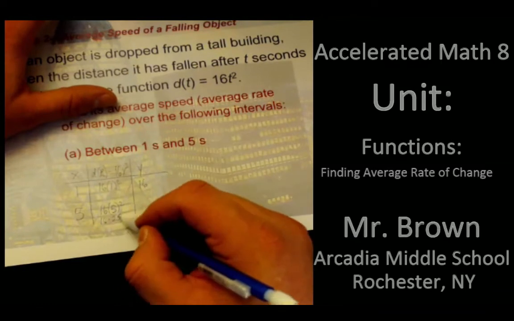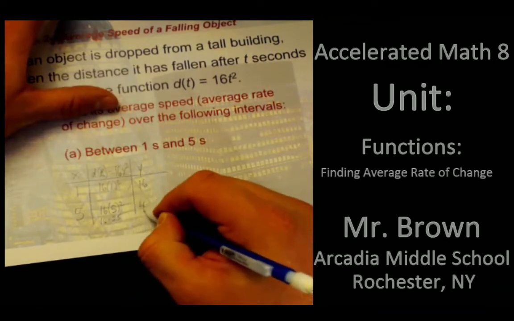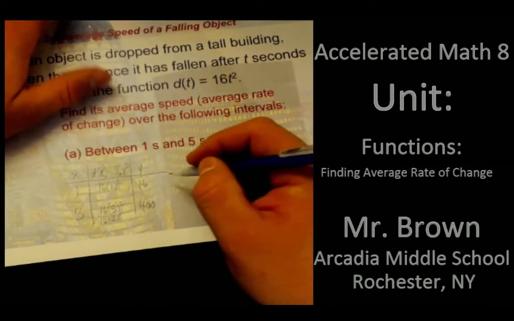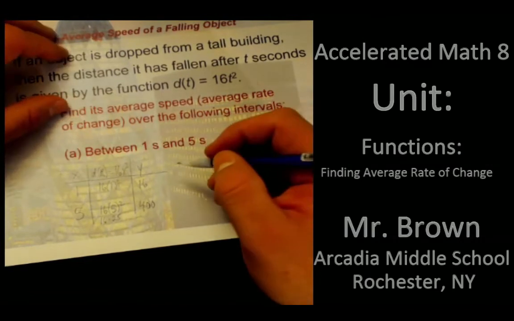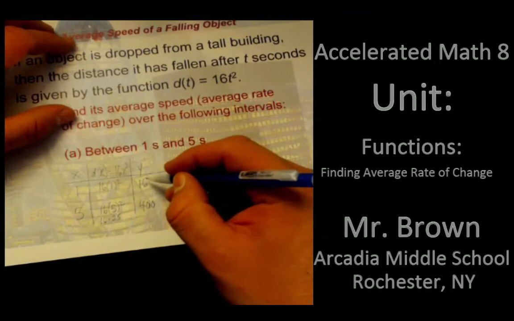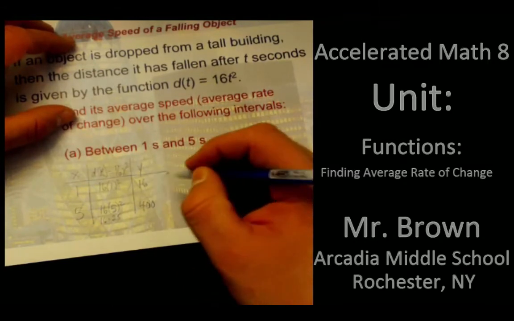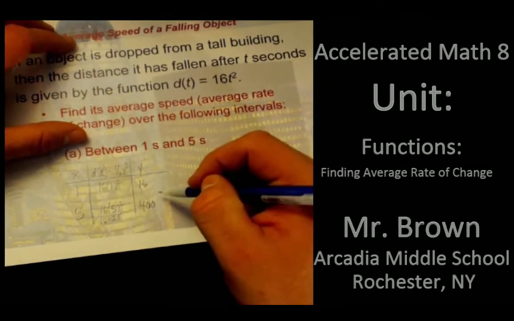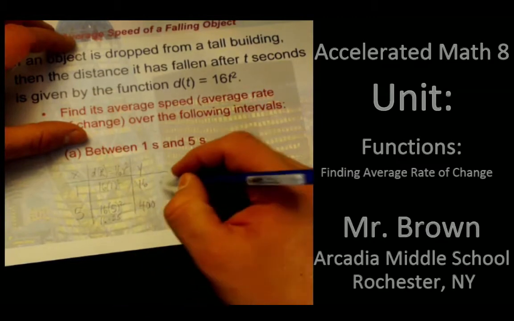And 16 times 25, well, we'll just say that's 400 for this time. All right, so now what we have is a table that shows us our values. The ordered pair would be 1, 16 and 5, 400.